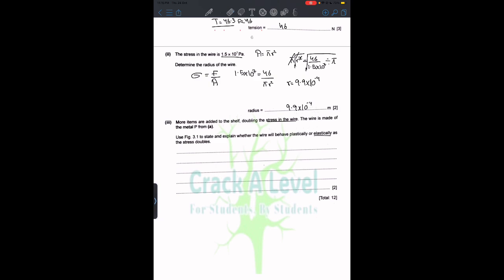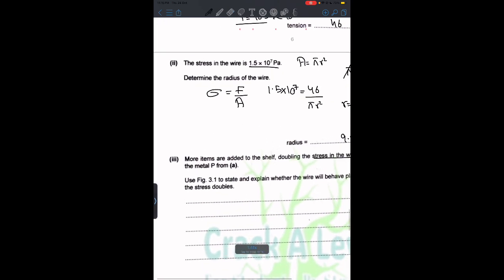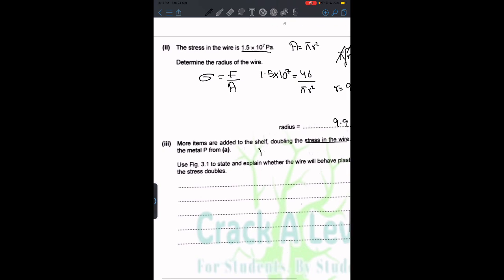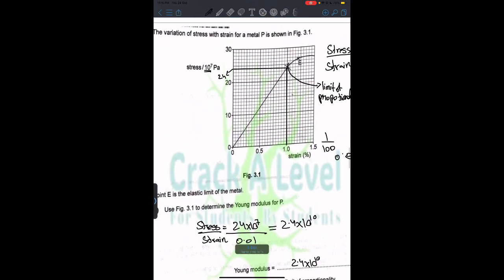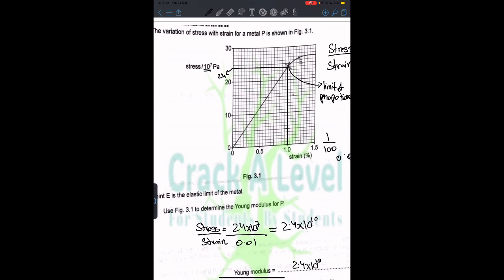How do we know this? It's saying that the stress is doubled. We know stress is 1.5 here, so doubling it will give us 3 times 10 to the power 7. But if you look at the graph here, here is the limit of proportionality, here's 24.